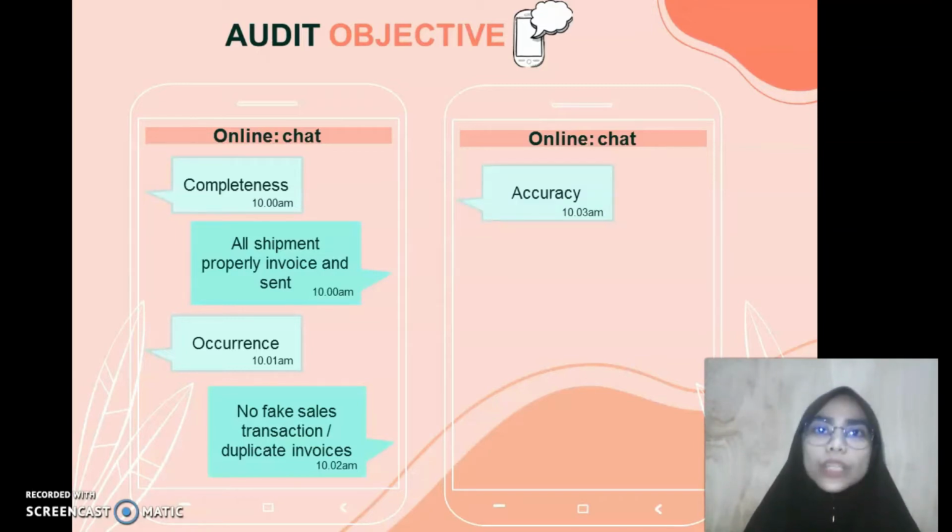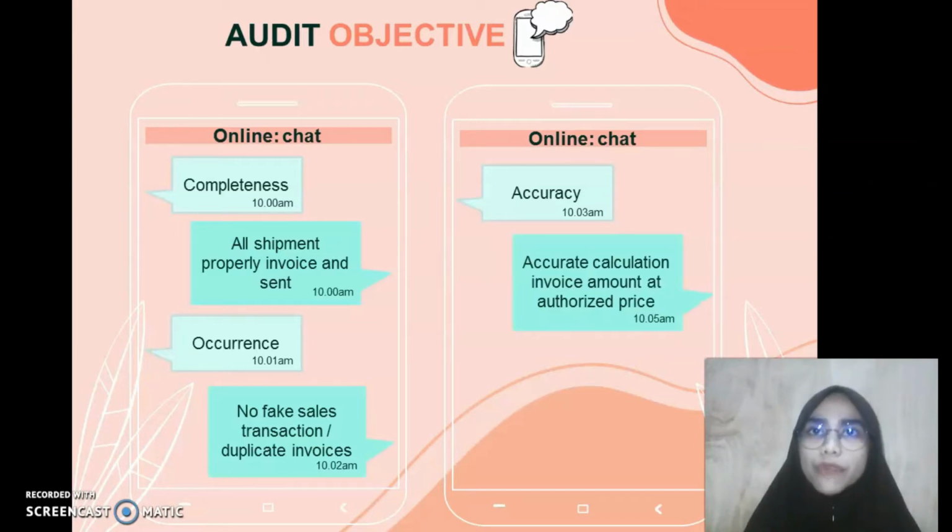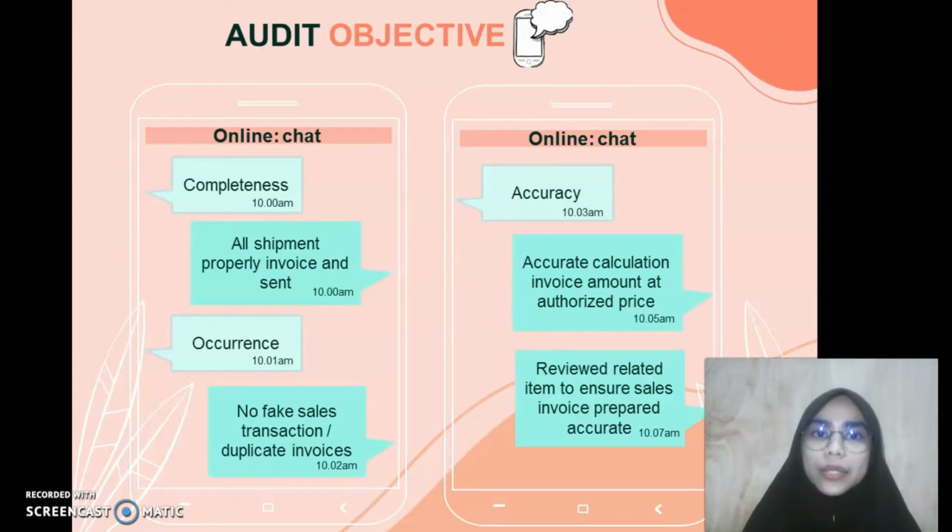The next one is accuracy. Accurate calculation of invoice amount at authorized price. The company should establish a control so that they can make sure of accurate calculation of the invoice amount at authorized price. The last one is to review related items to ensure that the sales invoices are prepared accurately.